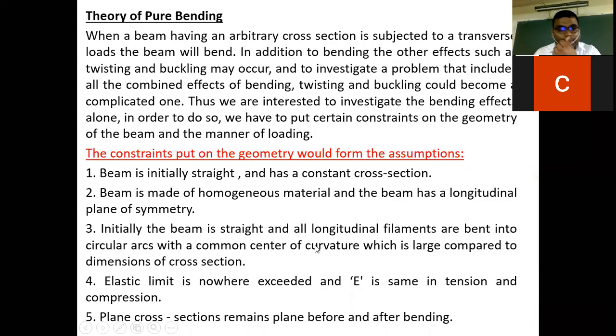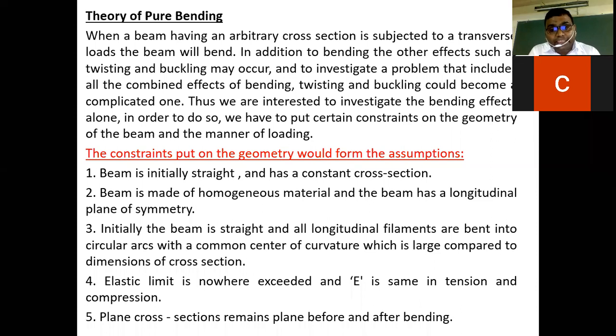Next, we come to the theory of pure bending, or the theory of simple bending. When a beam having an arbitrary cross section is subjected to a transverse load, the beam will bend. In addition to bending, other effects such as twisting and buckling may occur.